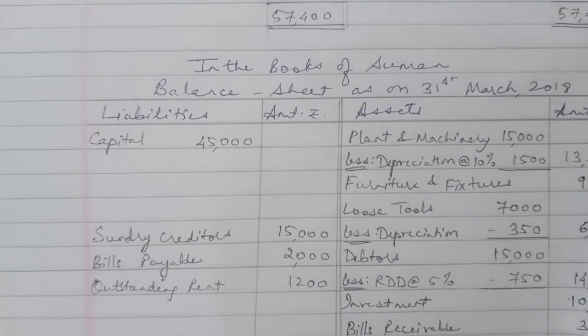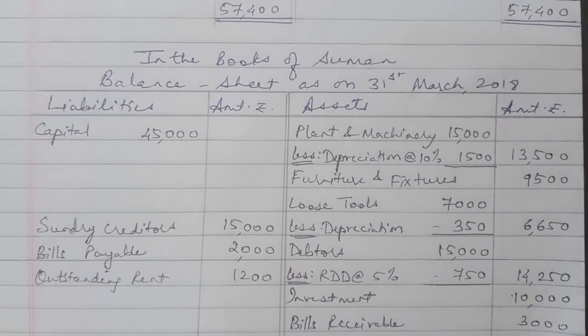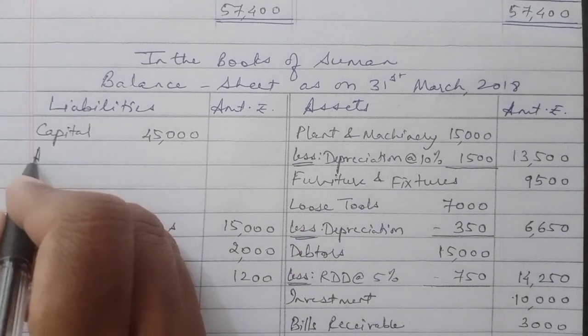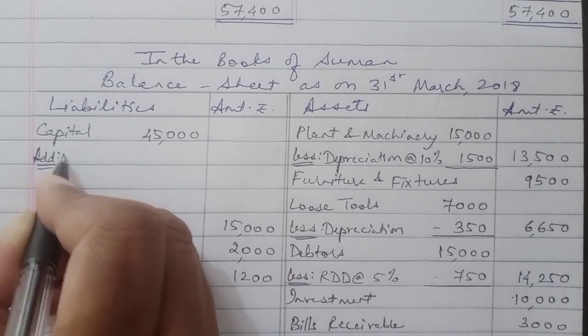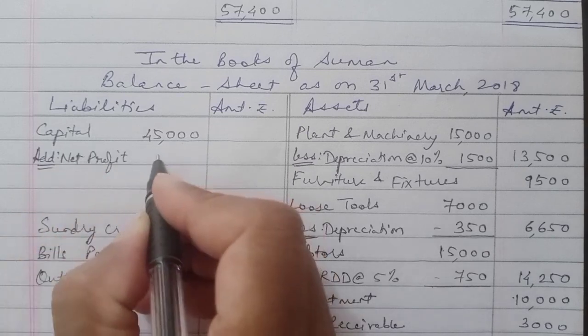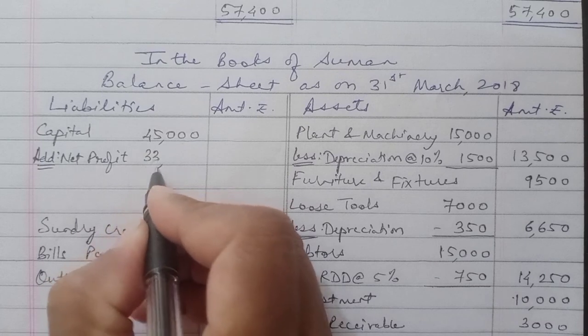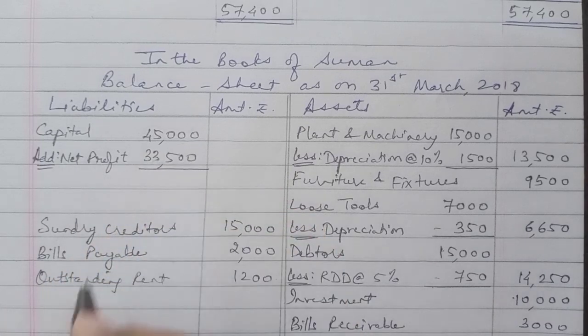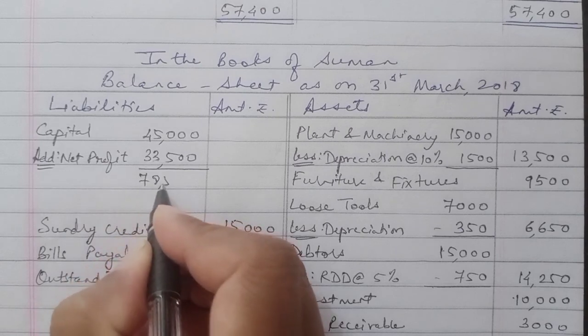Now we come to the liability side of balance sheet where we have shown capital. Since there's a net profit, it will be added to the capital. Add net profit 33,500. It will be added to the capital 78,500.